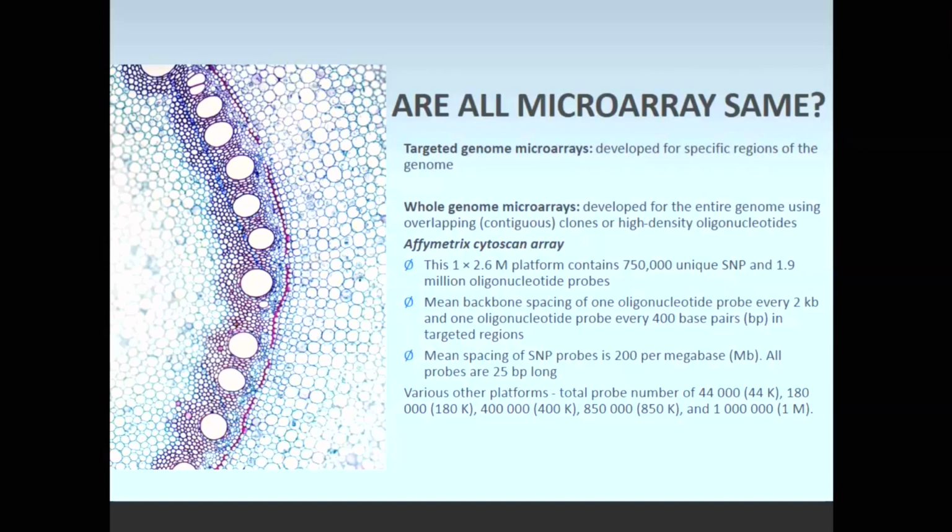In this particular chip, there are 750,000 SNP probes along with 1.9 million copy number probes. There are some other platforms such as 44K, 180K, 400K, 850K, and 1 million. According to the type of array, the number of probes will differ.